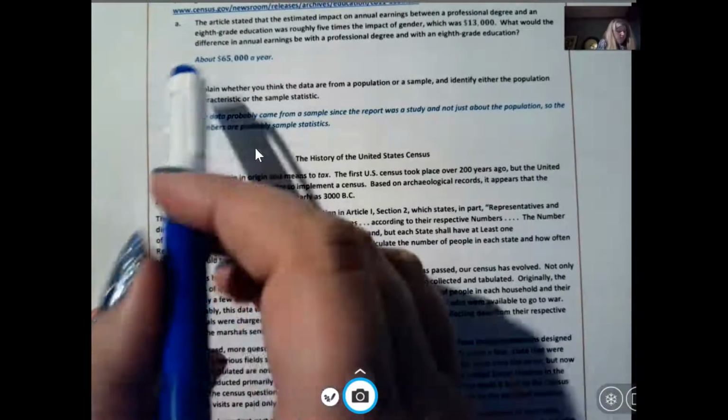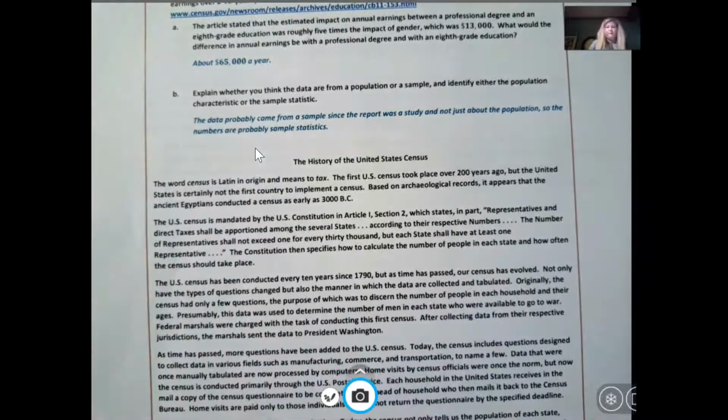So for Part A, it's approximately $65,000 a year. And Part B says the data come from a sample, since the report was a study and not just about the population. So the numbers are probably sample statistics. And that is your problem set.